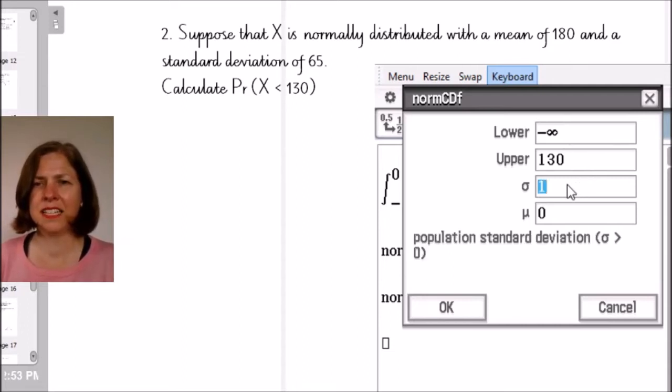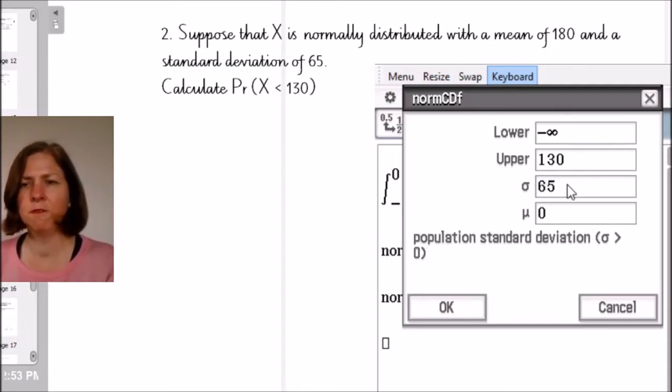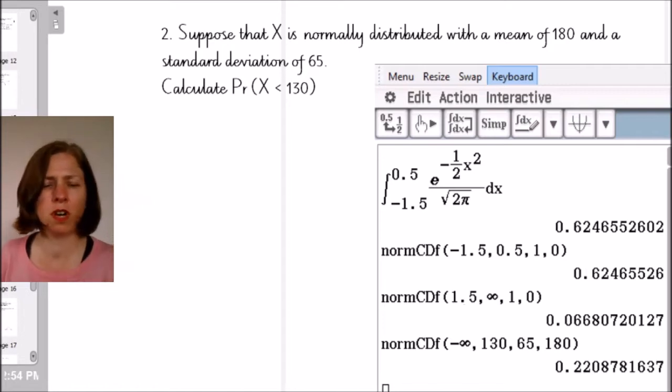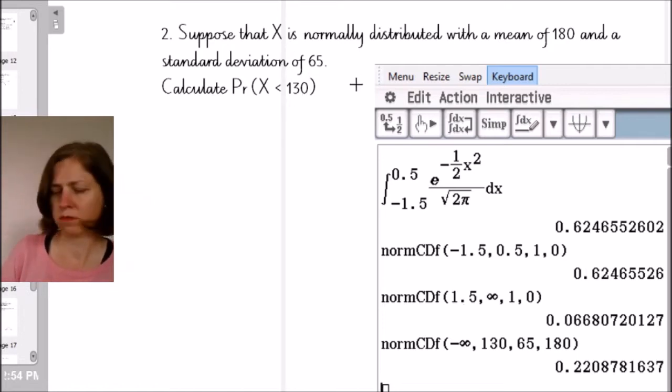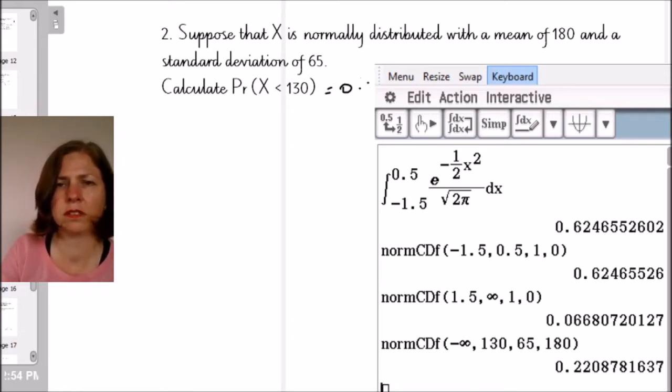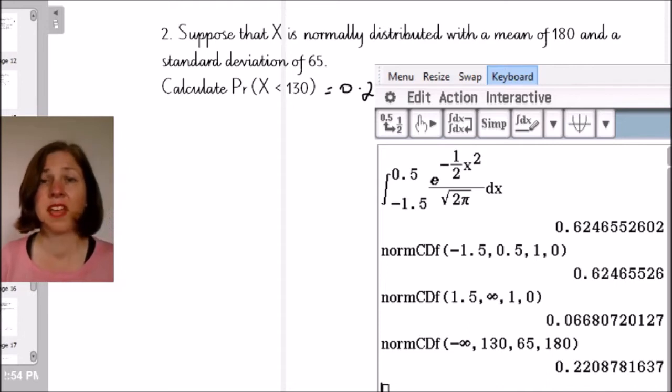My standard deviation is 65 and my mean is 180. Let's calculate it. 0.2209. I'm just going to 4 decimal places each time. Done. That's all there is to it.